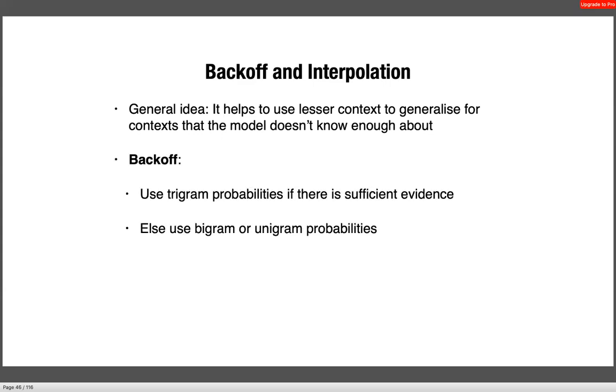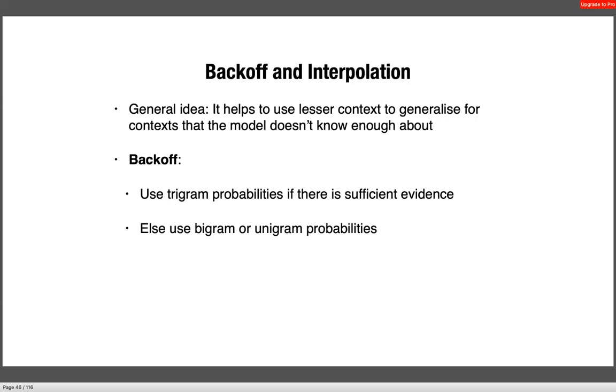So what is the backoff idea? Say that you're trying to build a trigram model. If you're not going to see trigram counts at all for certain sets of trigrams, then clearly the estimate is that the actual count of those trigrams is 0. There's no evidence for the trigram in your training data. Then you use bigram or unigram probabilities.